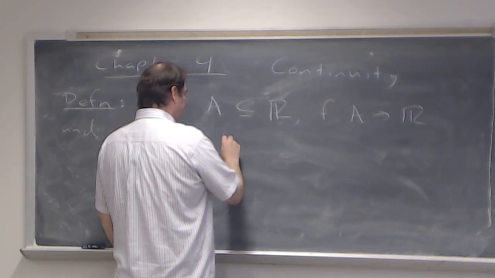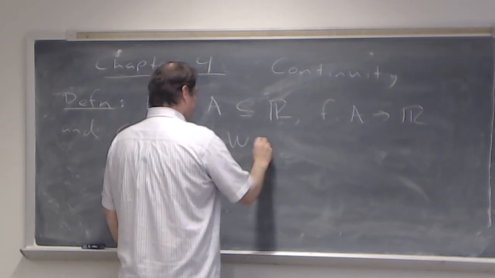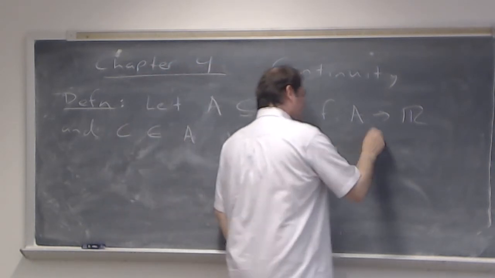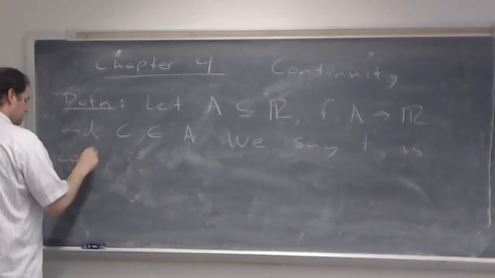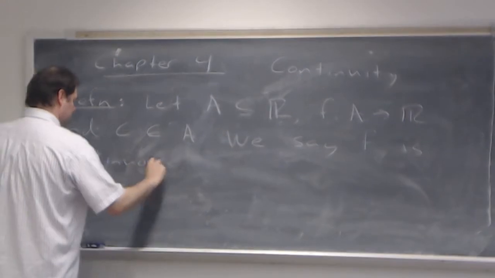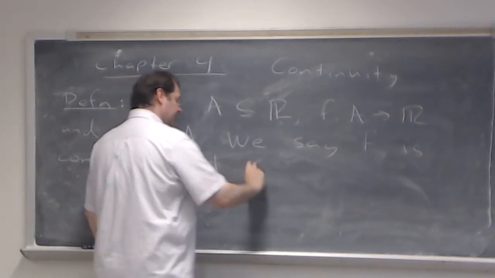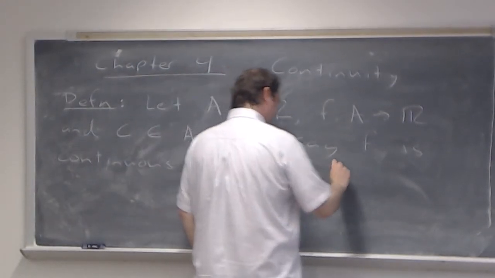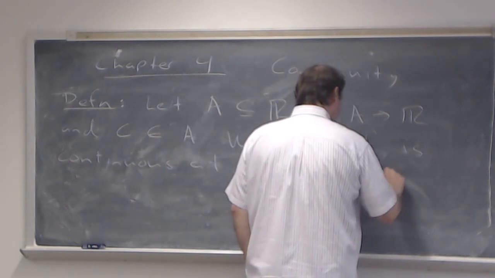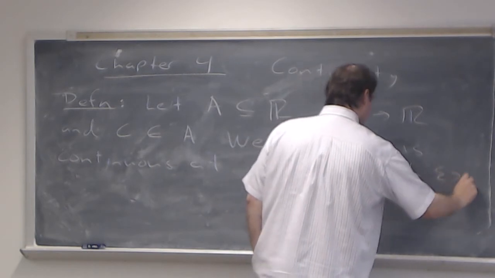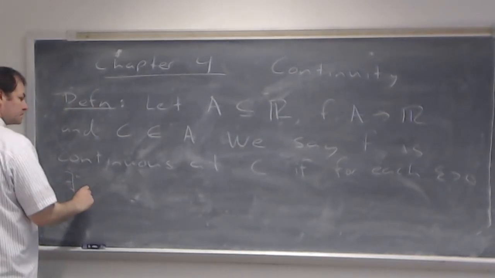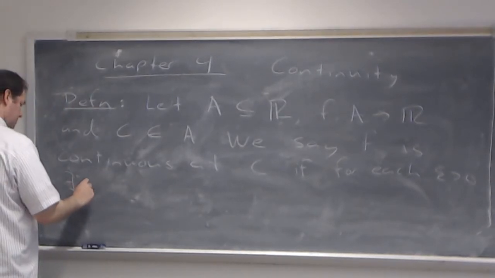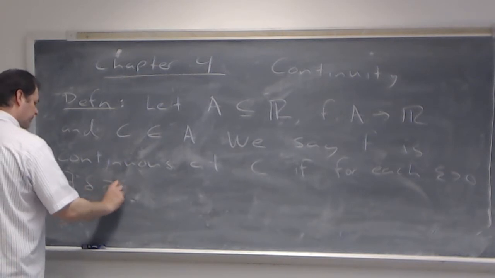Then we say that f is continuous at c if for each epsilon greater than 0, there exists a delta bigger than 0.